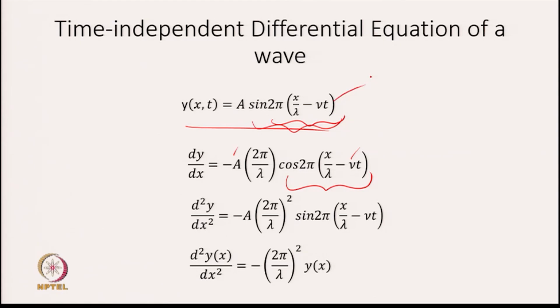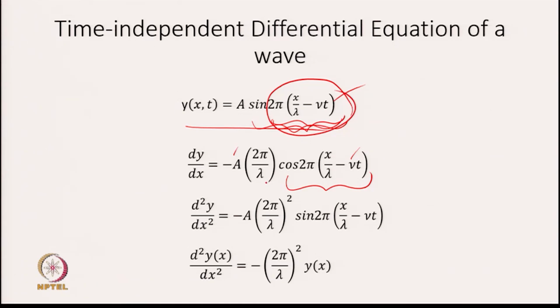Since t is constant, here we are assuming that time is constant, and in that case this term will not change when we differentiate with respect to x. So, a 2 pi by lambda. The differential of 2 pi x by lambda minus nu into t will be equal to 2 pi by lambda.